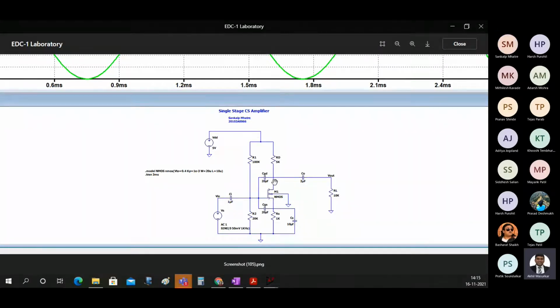Yes, sir. When there are three branches, you get a node, right? Like this, here there are four branches. In one branch there is RD, in one branch there is C0, in one branch there is CGD. But there is no node here. That means this point is not connected. So you delete these branches and you connect this point here.